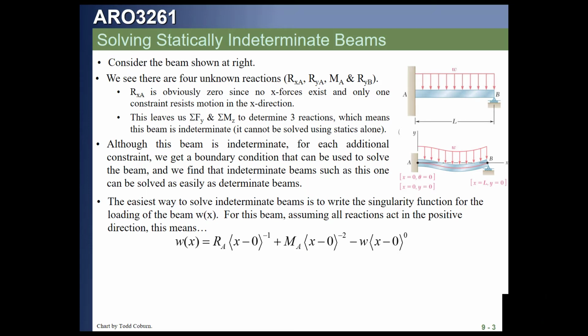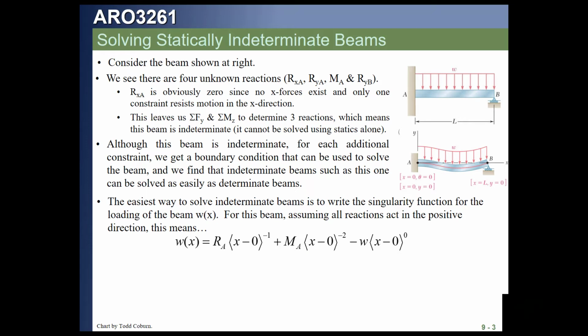We write the singularity term, which means it starts at x equals 0, and forces have an exponent of -1. Since we assumed the moment at A was also acting in the positive direction, we find the sign of that term is positive. That moment also occurs at x equals 0, and moments get an exponent of -2.